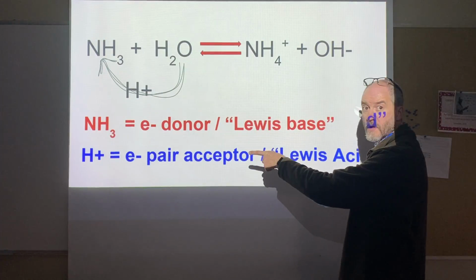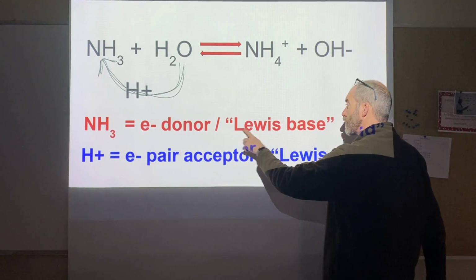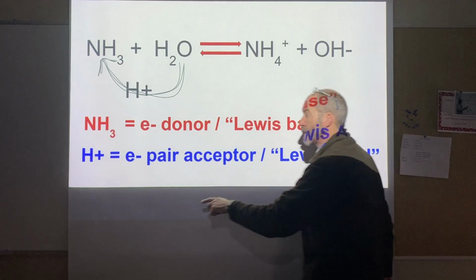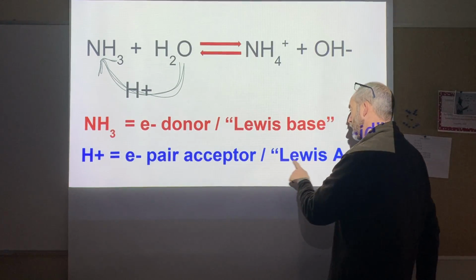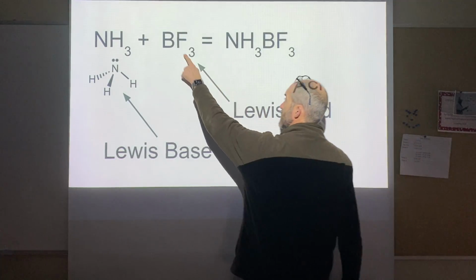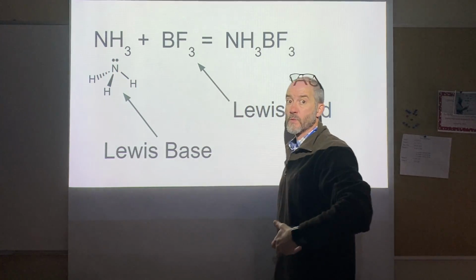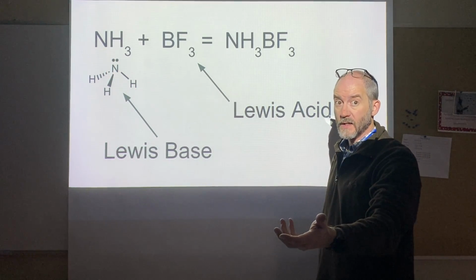But remember one more time, by Lewis definition, if you are an electron donor, then you're a Lewis base. If you are an acceptor, then you are a Lewis acid. So here we had our Lewis acid because it accepted, and here we had our Lewis base because it was willing to donate or give.